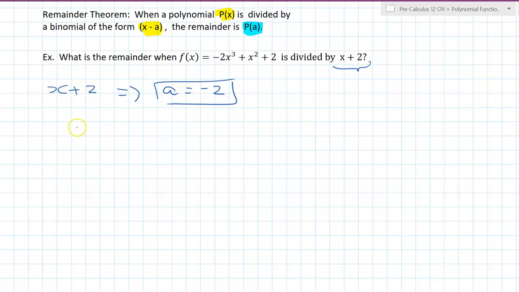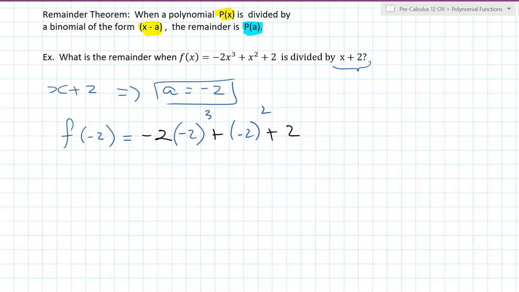All right, so now what is f of minus 2? Your input is minus 2. Plug it in there. Let me start with the original, negative 2, which is the leading coefficient, and now negative 2 cubed, and then plus negative 2 squared, and then plus 2.